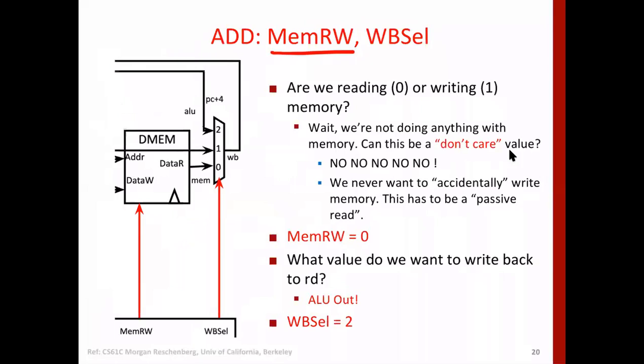No, we can't say it is anything, because if it is don't care, it can be 1. If it is 1, whatever is available as address input and whatever junk is available as data input will be written. So we have to specifically say this has to be 0.